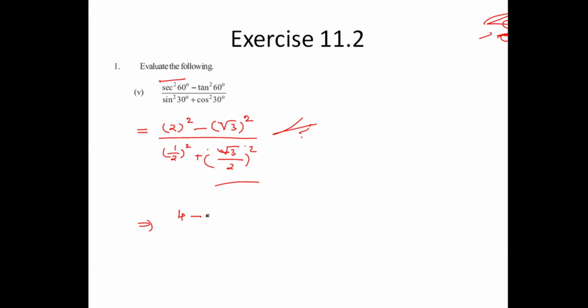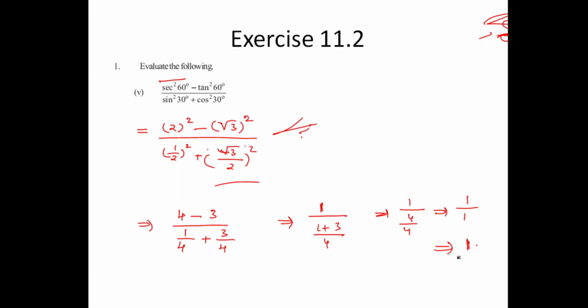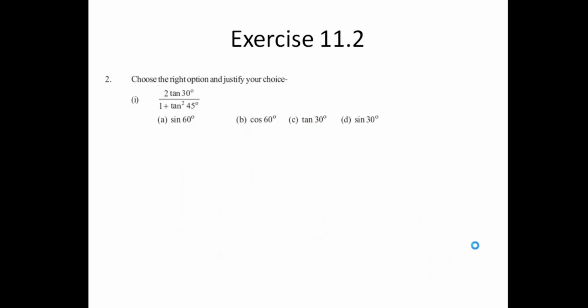We get 4 minus 3, here root is removed. Here I am left with only 1 by 4 plus 3 by 4. So I am solving this one now. This becomes 1 plus 3 by 4. This has been shifted as 4 by 4. So at last numerator and denominator became equal. So the answer is 1 over here.